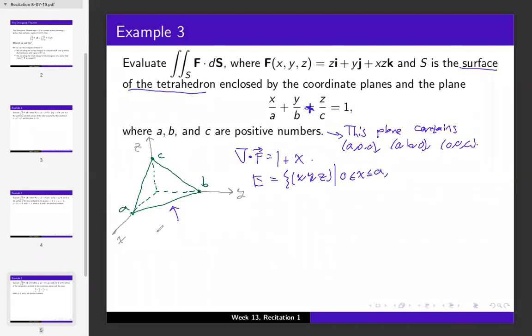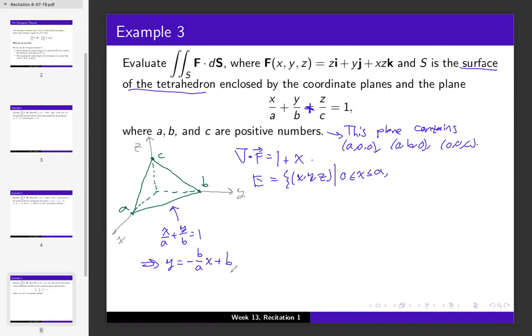Well, that line is given when you have z equals 0, so that's x over a plus y over b equals 1. Or in other words, y is equal to negative b over a times x plus b. Right?